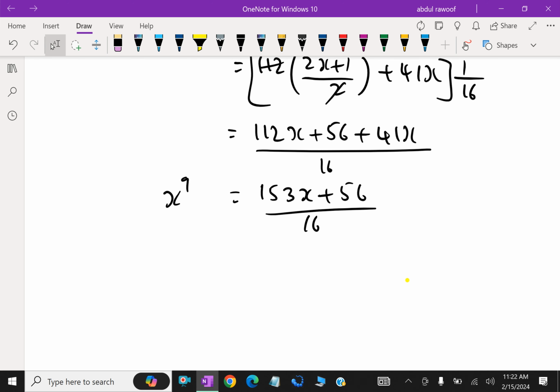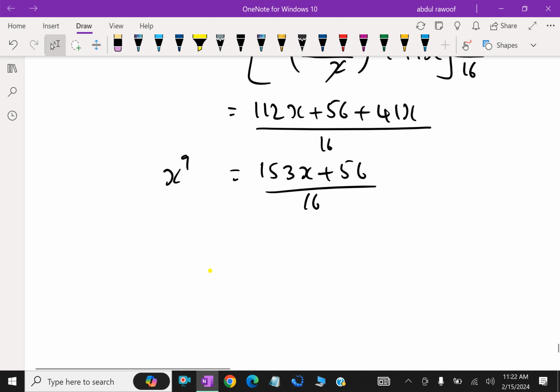Already we have x power 9 is this one, which means x power 9 is this, we got it, and we know the value of x is root 3 plus 1 over 2, whole power 9 is this expression.